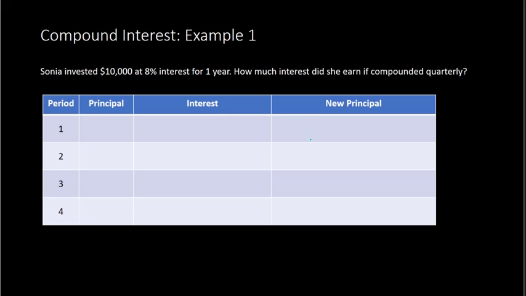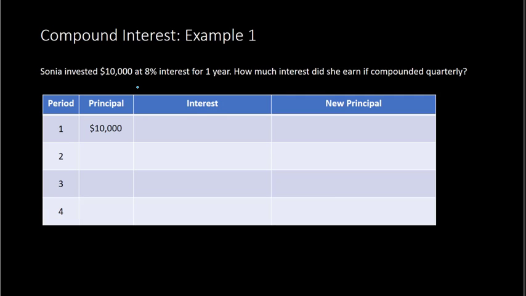And what we're doing is basically taking the simple interest for each period and then adding that to the initial principal. Then we start again with the second quarter with the principal plus the interest earned in that quarter. So we have the $10,000 as our principal. The interest is found by taking principal times rate times time.